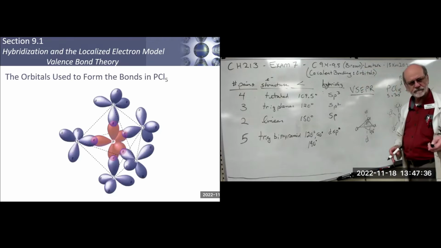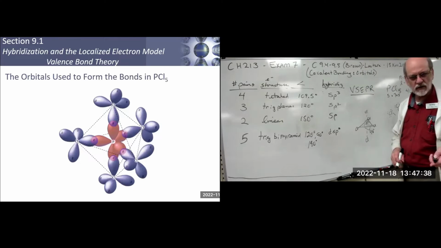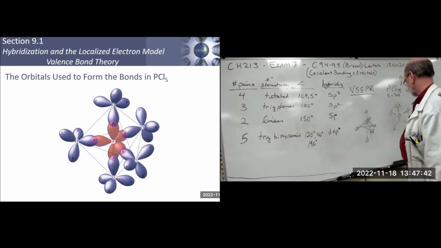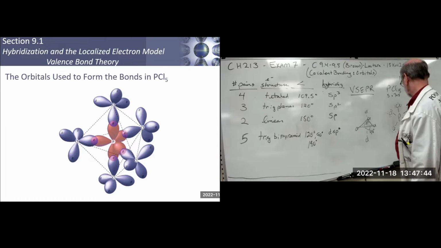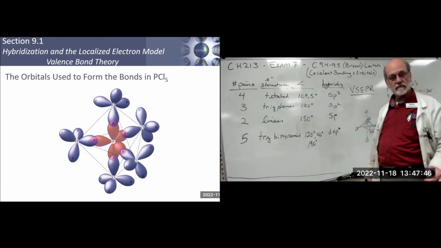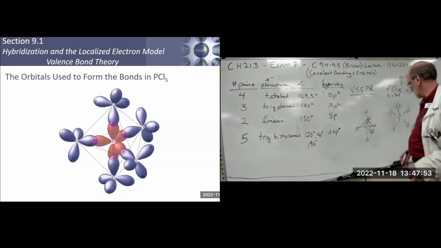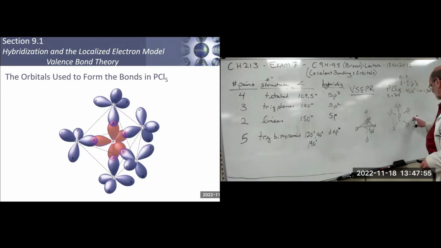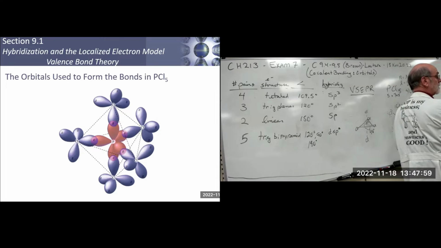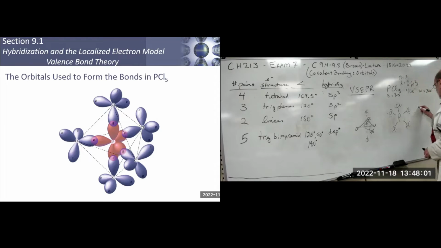Let's see. And that's what it would look like. The chlorines would have a 3s and 3p.